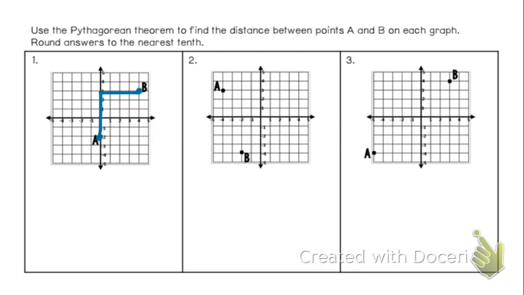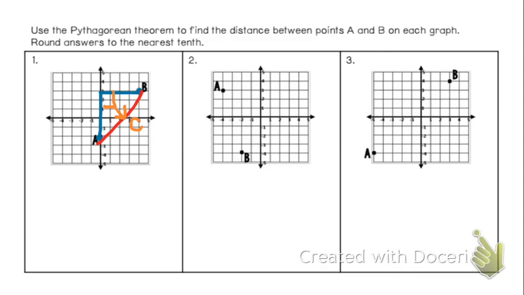So I'm going to rise and run, and then I'm going to draw my diagonal from point B to C. And you can tell that this is my 90-degree angle, so of course this is side C.